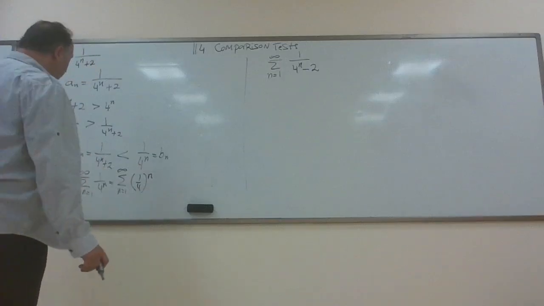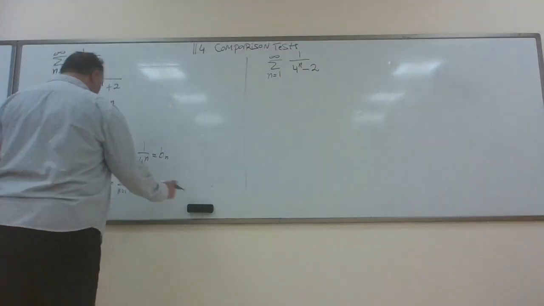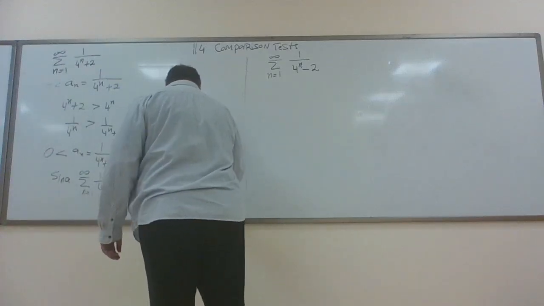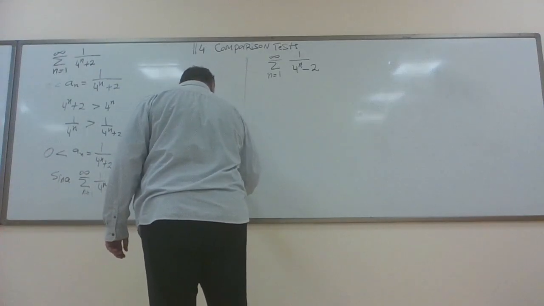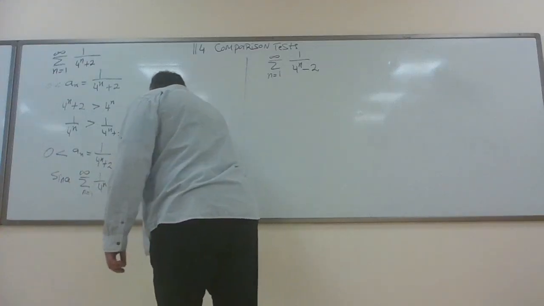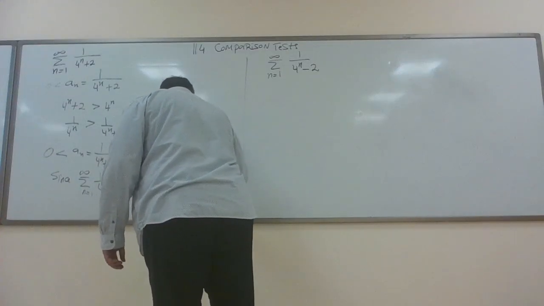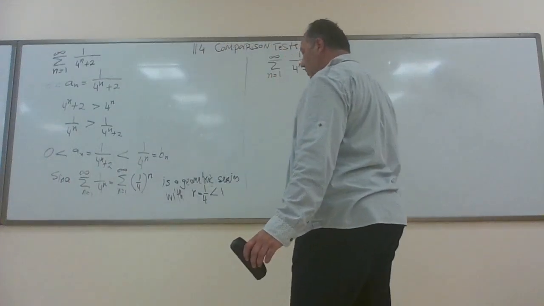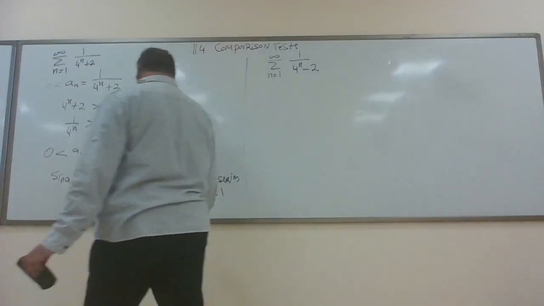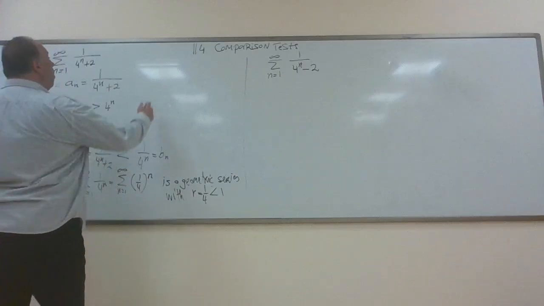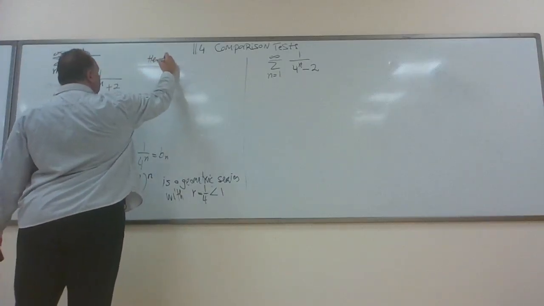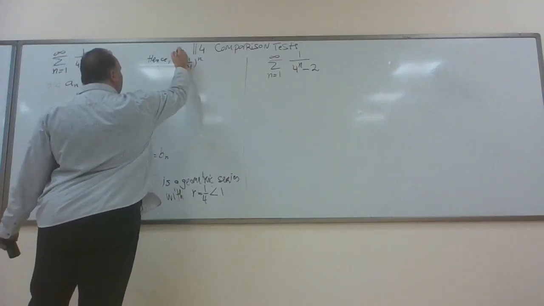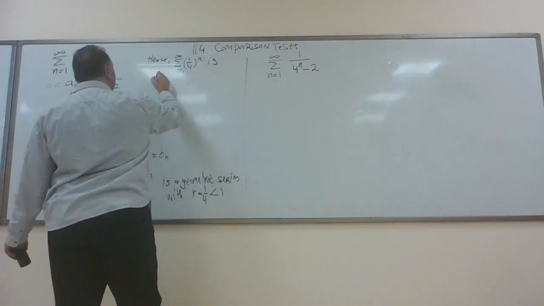So here we have a geometric series with the ratio 1 over 4, and that's smaller than 1. What do we know about geometric series with the ratio in absolute value smaller than 1? Well, they are convergent. Hence this geometric series is convergent.